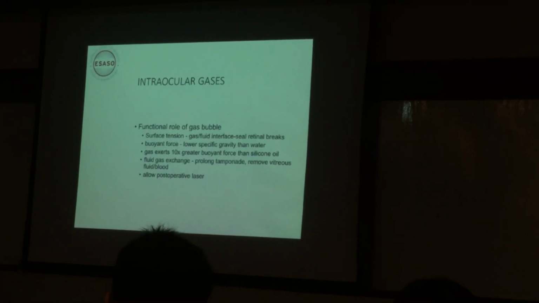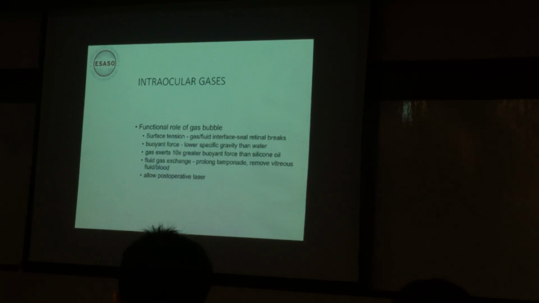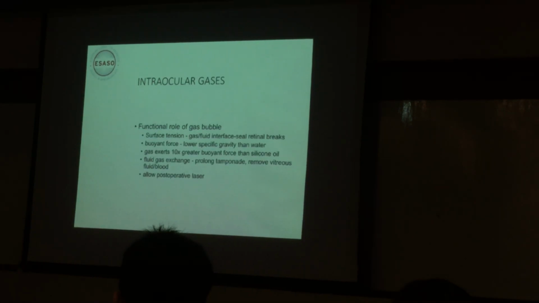Gas has much more buoyant force compared to silicone oil. And using gas allows us to perform postoperative fluid-gas exchange. That allows us to prolong the intraocular tamponade. If you can add additional gas into the eye in situations where it's needed, it can also help to clear out whatever vitreous fluid is blood stained or contains a lot of cells and pigments after vitrectomy.